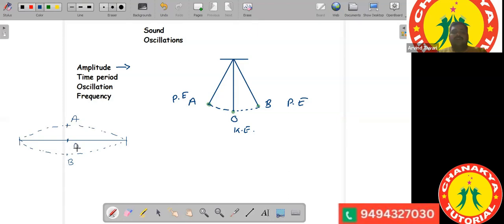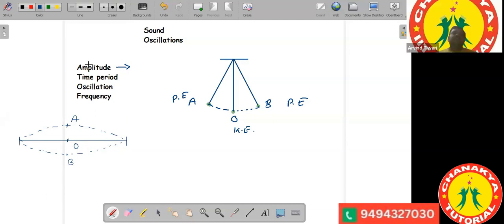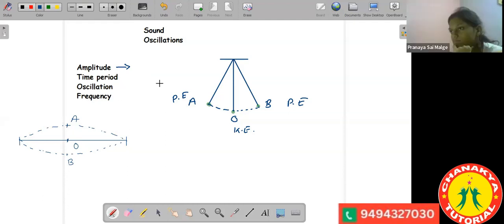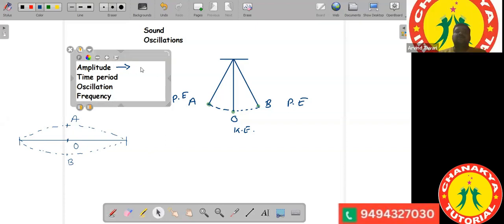Prince, were you present in the last class? Yes, sir. Okay. So I told you this term amplitude. Do you remember? Anyone remembers amplitude? The distance between mean position and the crest or trough, I guess. Leave that crest and trough for now, since crest and trough is what we have for the wave.